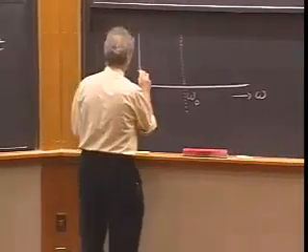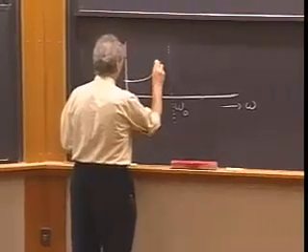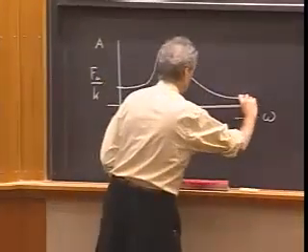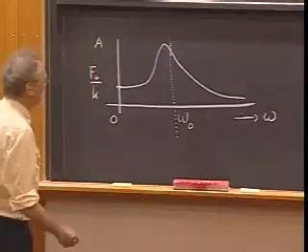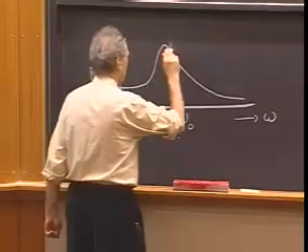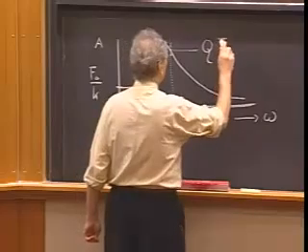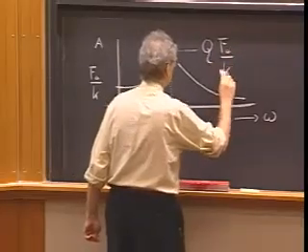And then the amplitude will build up, go through a maximum, goes down, and ultimately goes to 0. And at this value omega 0, this value is Q times F0 divided by K.